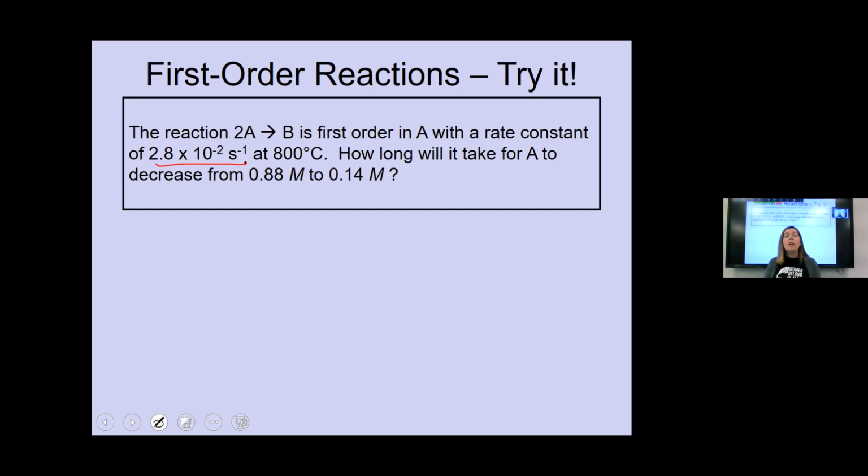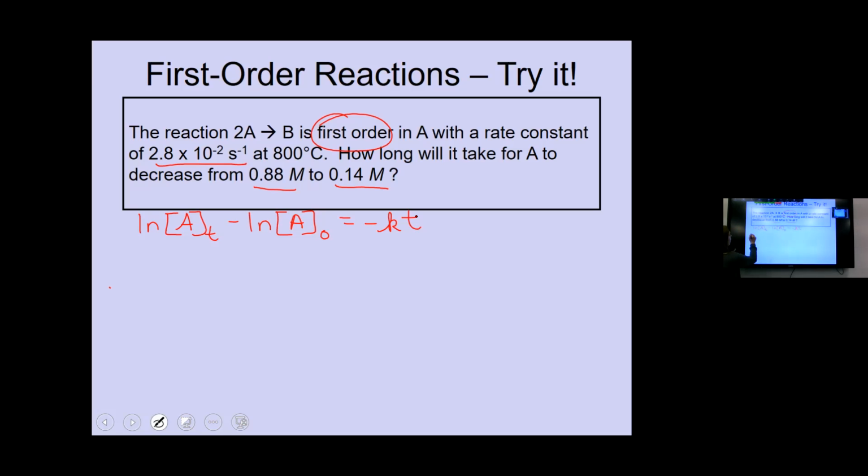How long will it take for A to decrease from 0.88 to 0.14 molar? Okay, so because this is a first order reaction, we need to use that natural log formula. So natural log of the concentration of A at time t minus the natural log of A initially is equal to negative Kt.